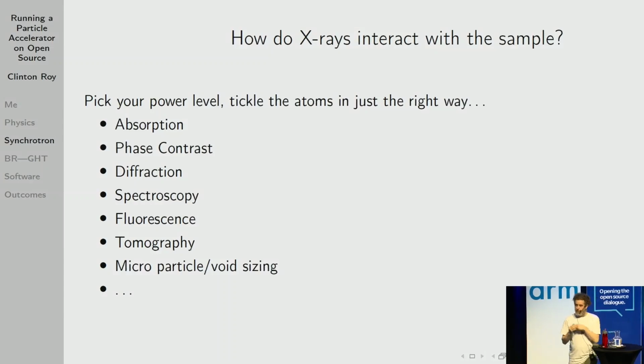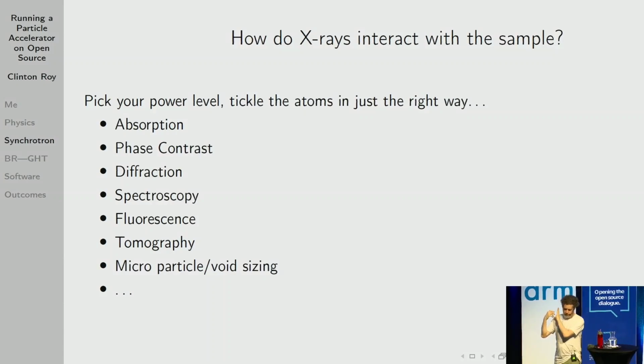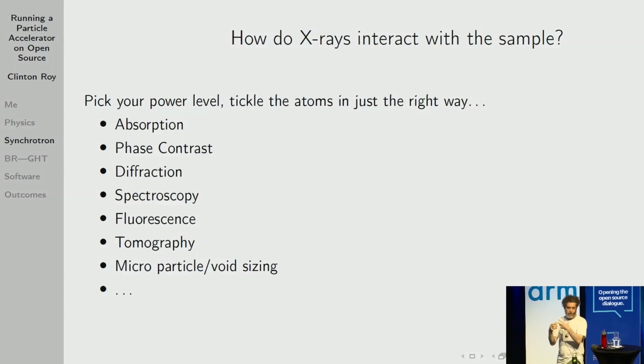Phase contrast is interesting. That is using the wave-like nature of X-rays when you fire the X-rays. So remember, when we condition our X-rays, we want them to behave very coherently. So they're all firing in the same line. They're all the same energy level. So essentially, they're all soldiers marching in formation. We fire them through a sample, and some parts of the sample will slow the X-rays down and deflect them a little bit.